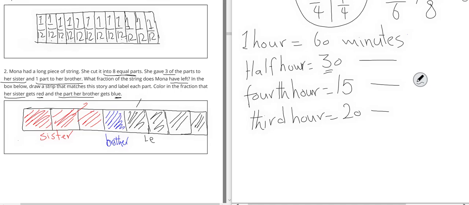These are the 4 parts left. What fraction of the string does Mona have left? 4 parts of the fraction. Okay.